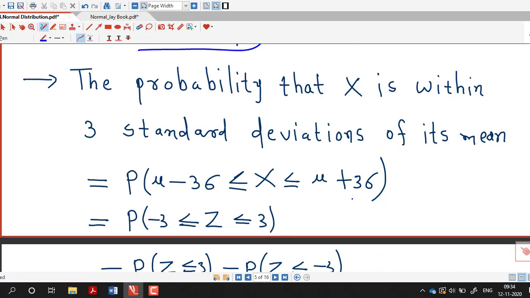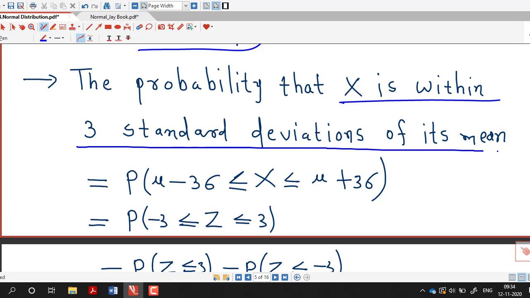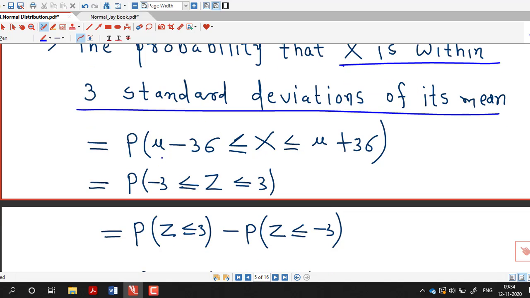Similarly, we can find the probability that X is within three standard deviations of its mean. That is nothing but the probability that mu minus 3 sigma is less than or equal to X less than or equal to mu plus 3 sigma. And that is, in terms of the standard normal random variable, Z lies in the open interval minus 3 to 3.